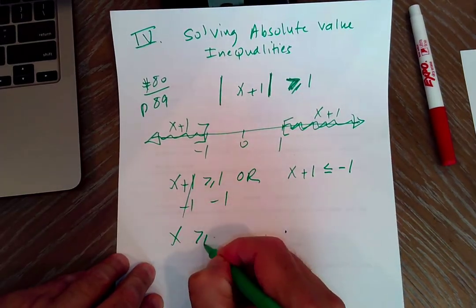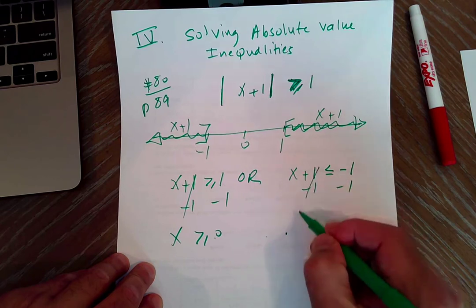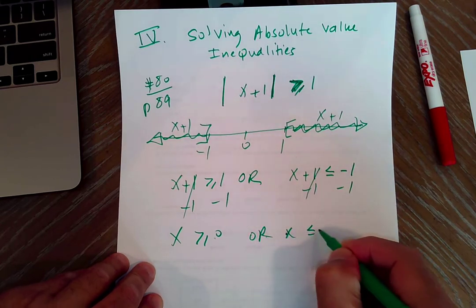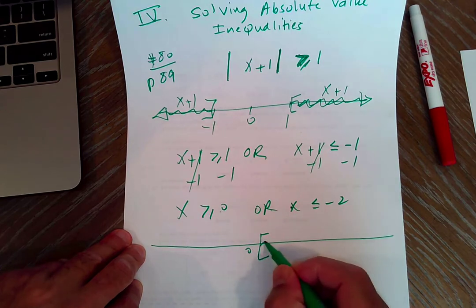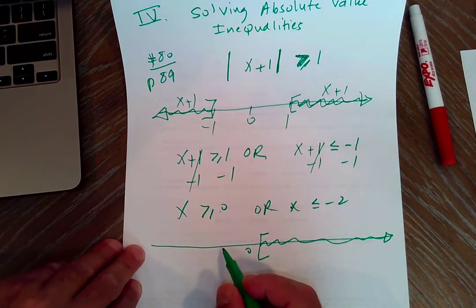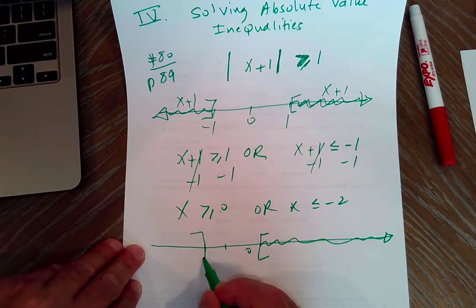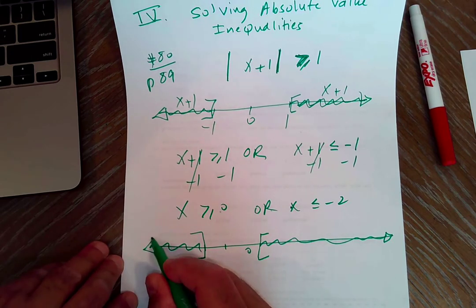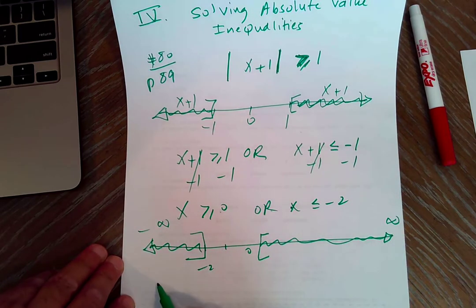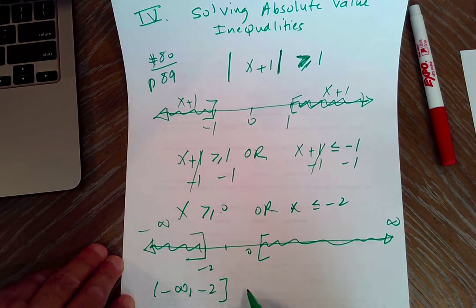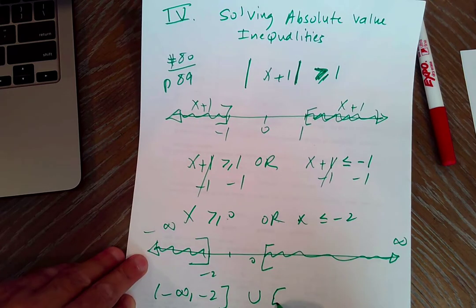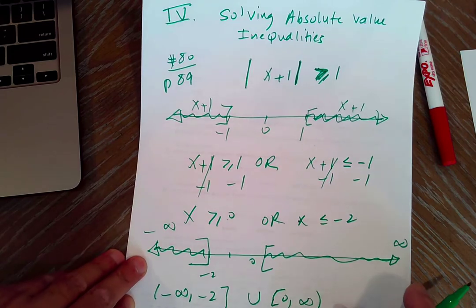So x is greater or equal to 0 or less or equal to negative 2. You graph it on the number line, greater or equal to 0, less or equal to negative 2. So negative infinity to negative 2 including negative 2, and then 0 to infinity including 0.